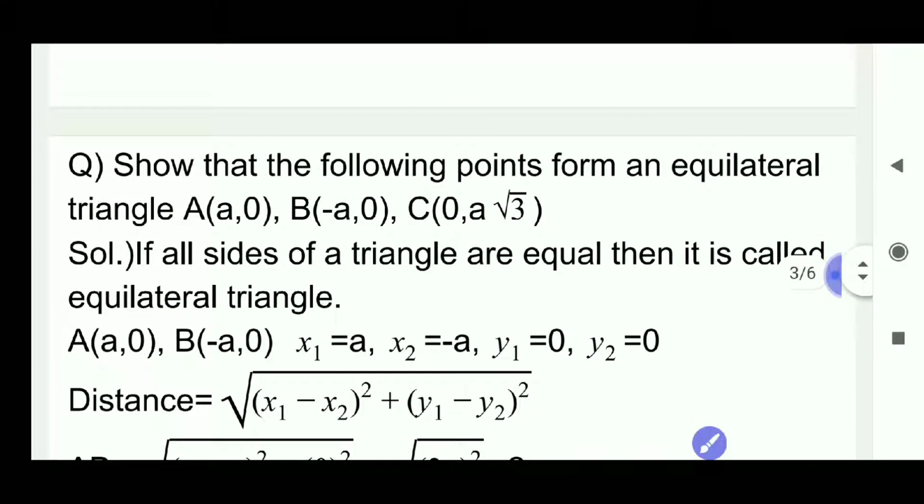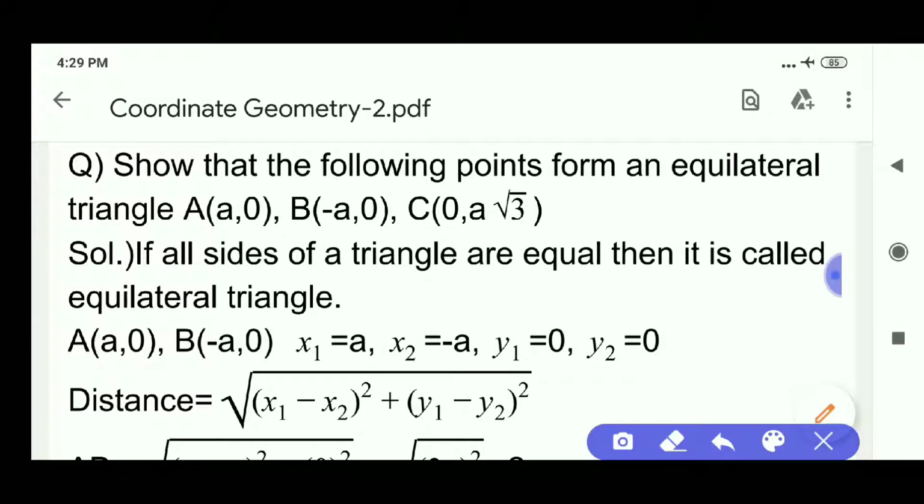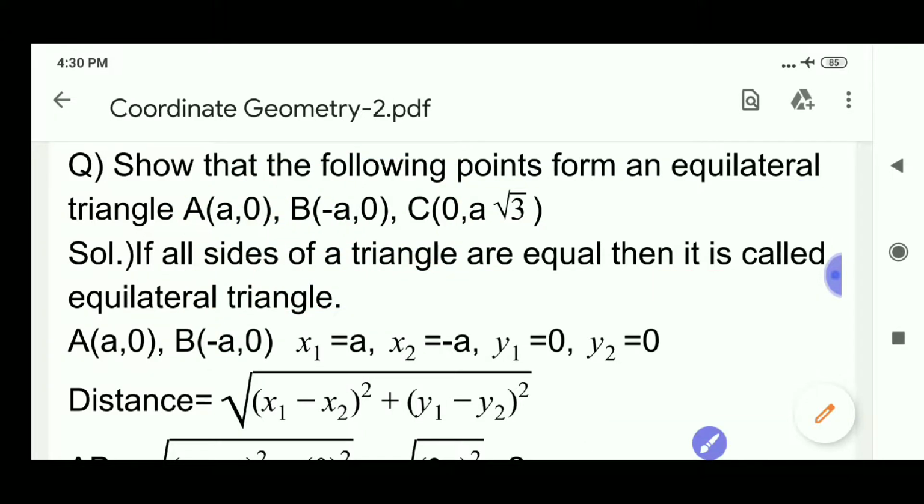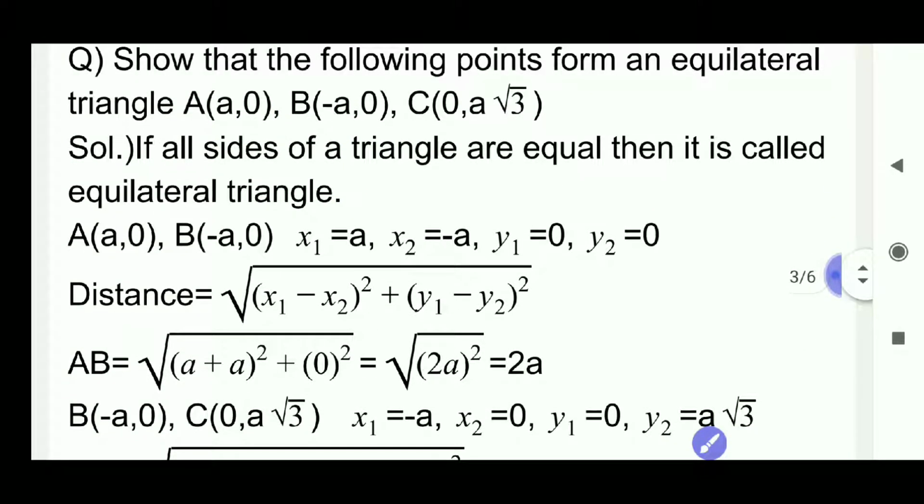Now let us solve another problem. Show that the following points form an equilateral triangle. What is an equilateral triangle? If all sides are equal, then it is called an equilateral triangle. That means in this question we have to prove that AB equals BC equals AC. First we have to find AB.